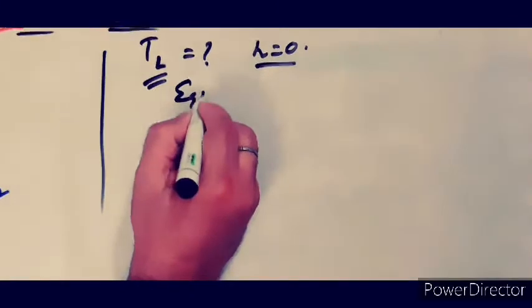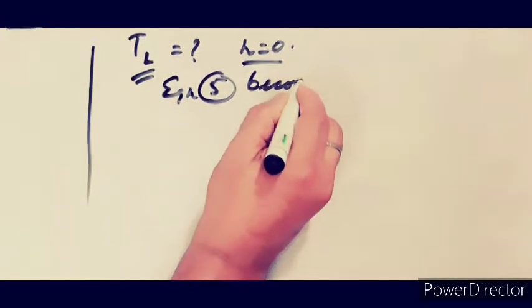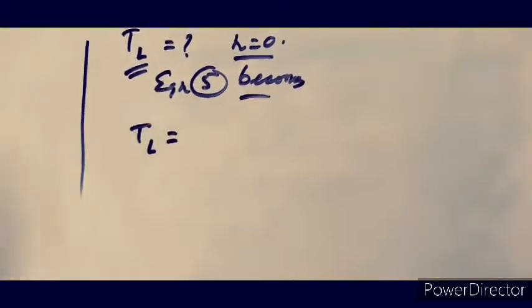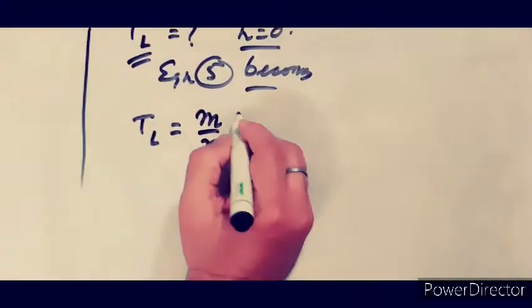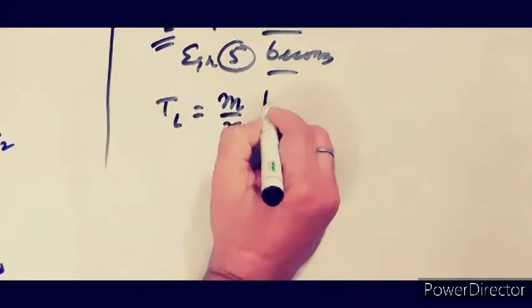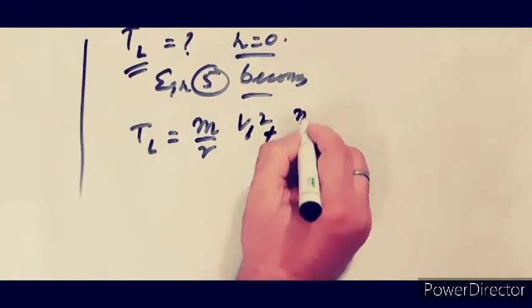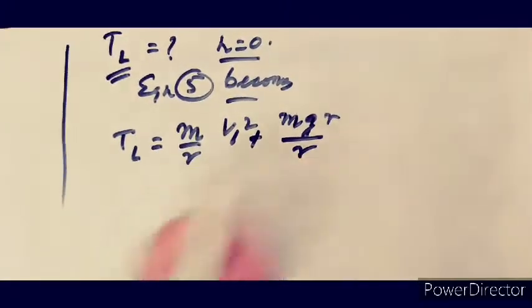So equation 5 becomes TL is equal to m by r, v1 square plus mg r by r.